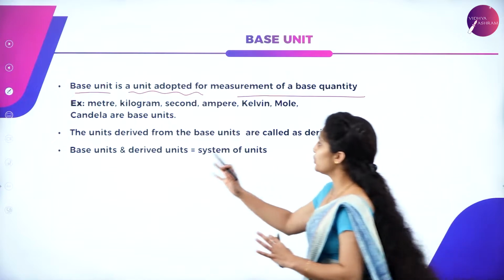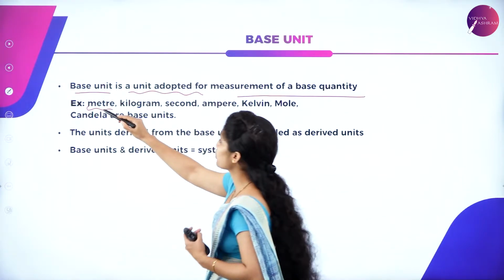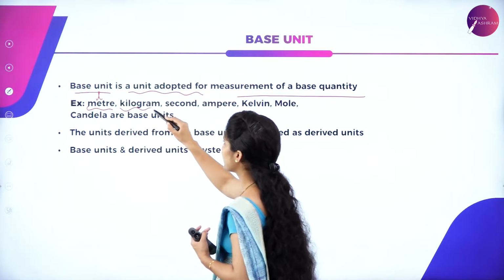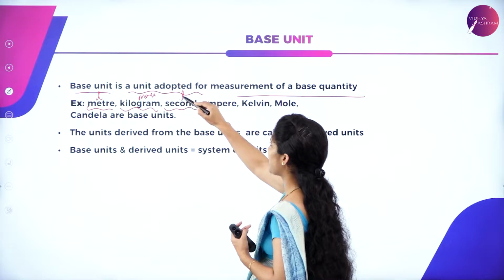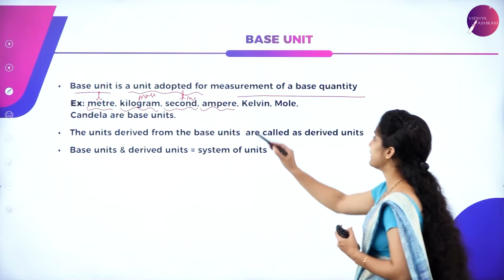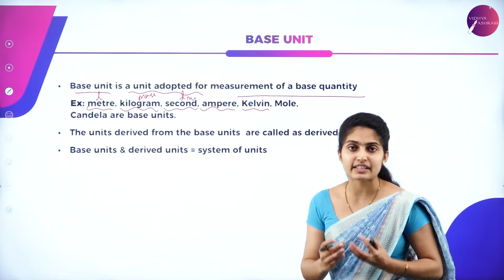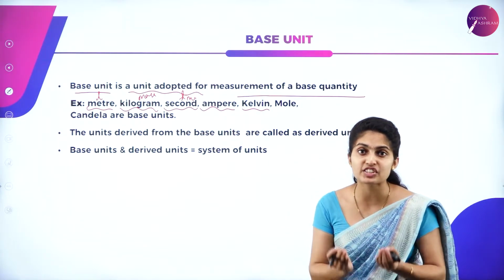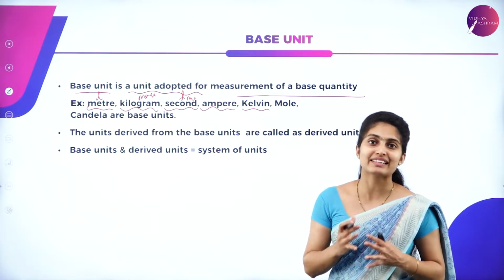First of all, you have the base units, for example the meter, which is used to calculate length, kilogram, which is used to calculate mass, second, which is used to calculate time, ampere, which is used to calculate current, Kelvin, used to calculate temperature, mole, used for the amount of substance, and candela, used to calculate luminous intensity.